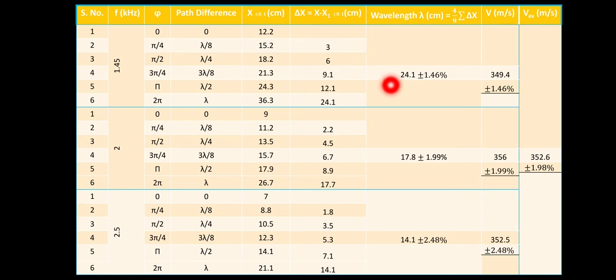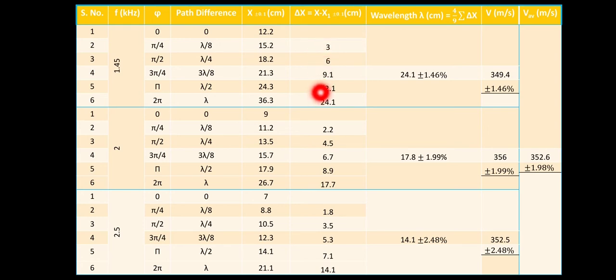So what will be the wavelength? If we add all these path differences, they correspond to 9 by 4 lambda. So addition of these corresponds to 9 by 4 lambda.